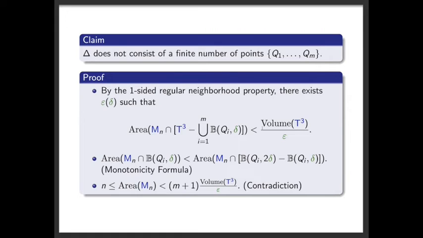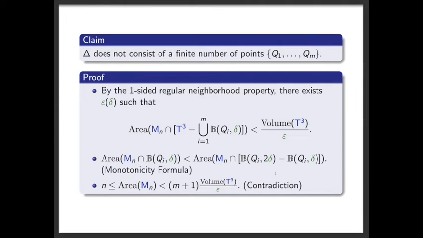But by the monotonicity formula, the area inside the ball can be bounded by the area outside the ball, and then the area outside the ball can be bounded by the area of this whole thing. Therefore the area is bounded by the number of singular points times this fixed constant, and this gives a contradiction because the number of singular points is finite and this constant is fixed.